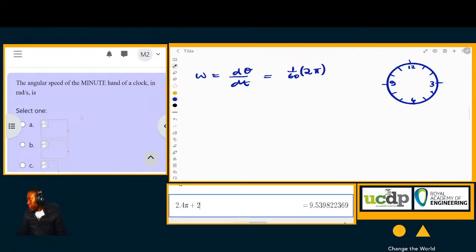So we've got 5 minutes in between 12 and the next mark here. That will be 5 minutes. So you've got 5, 10, 15, 20, 25, 30 until you get to 60. So each time it's moving 1, 2, 3, 4, and that's 5. So for it to move 1 minute, it moves that 1 minute in 60 seconds. So that means this is just a fraction, 1 over 60.